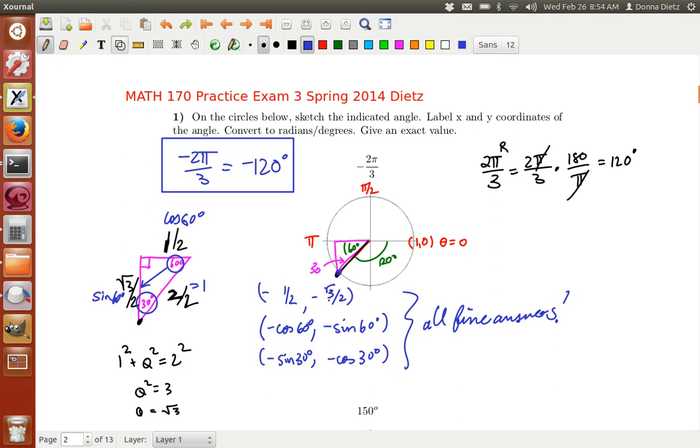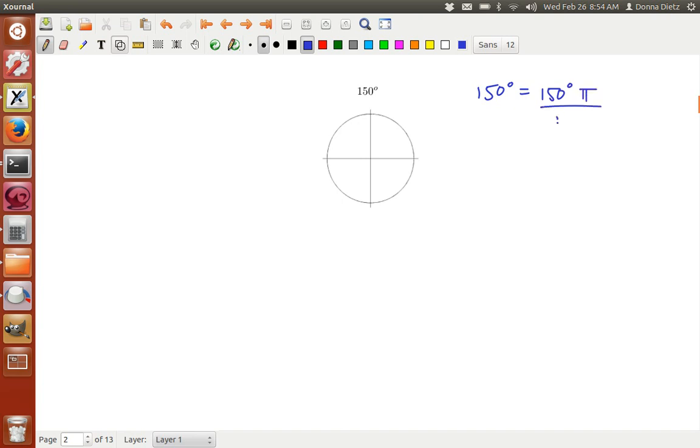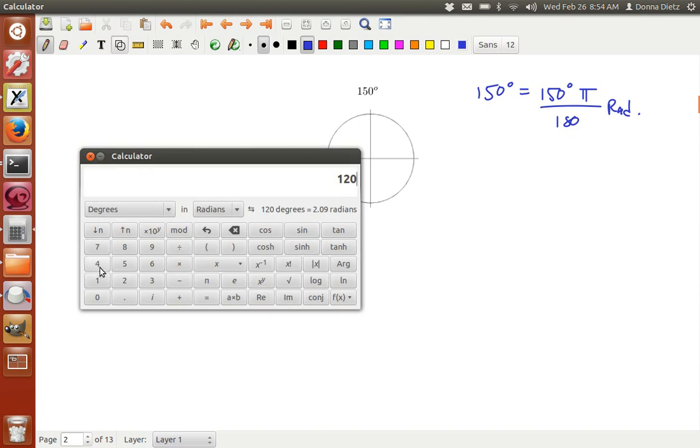Okay, so let's go to the next one and do the same thing again. I'm just going to erase this so it doesn't get in my way. Okay, so it's 150 degrees. So that's positive, that's good. 150 degrees equals pi over 180 radians times 150. So let's go ahead and figure that out. 150 divided by 180. I don't like that.